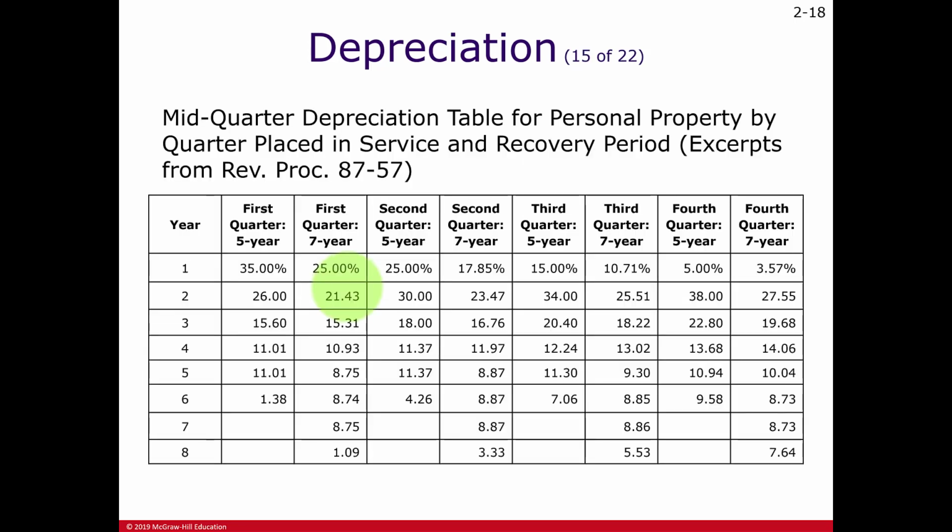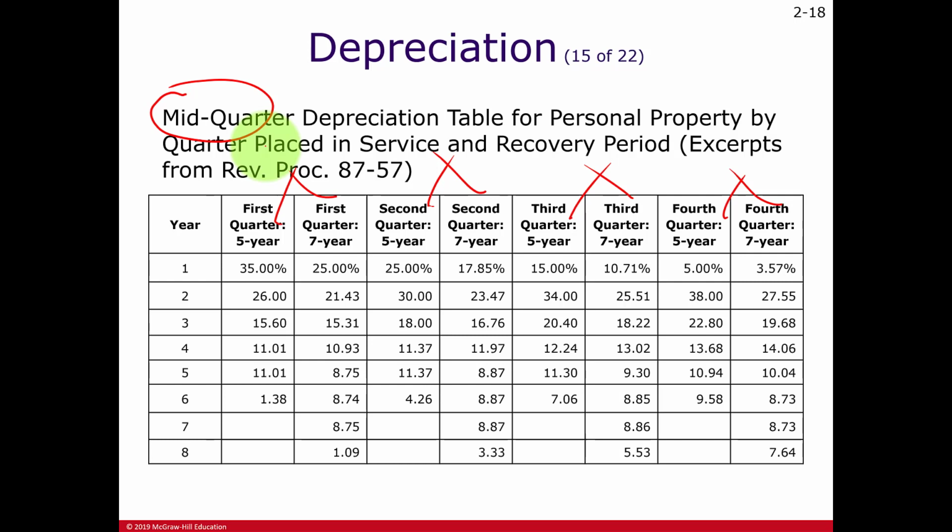So here is the table for the mid-quarter convention. You have 5-year first quarter, 5-year second quarter, 5-year third and fourth, and the other is for the 7-year property, all 4 quarters.